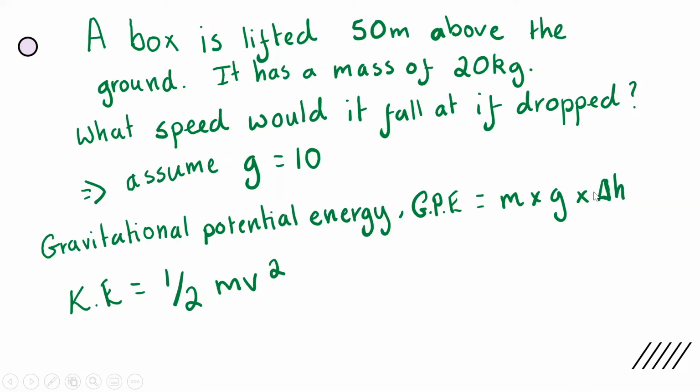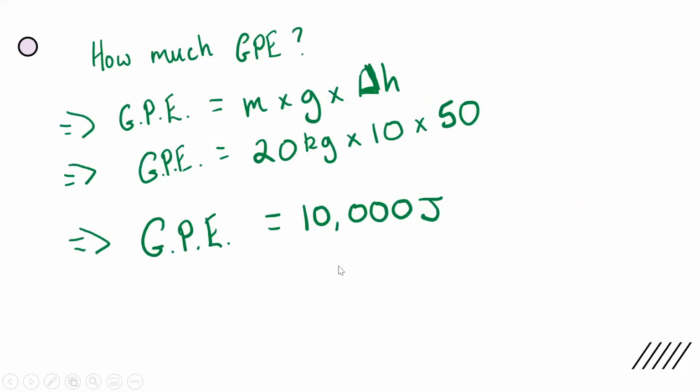Delta means a change in height, so we're lifting it up. KE, what we saw before, is half mv squared. So how much gravitational potential energy was there? GPE is m times g times delta h. So 20 kilograms is the mass, 10 is gravitational field strength on Earth, times 50, that's in meters.